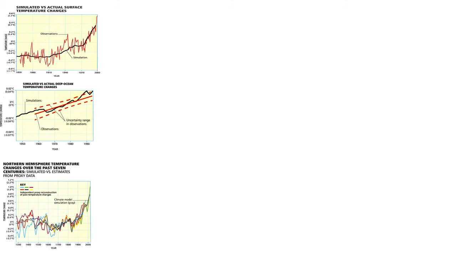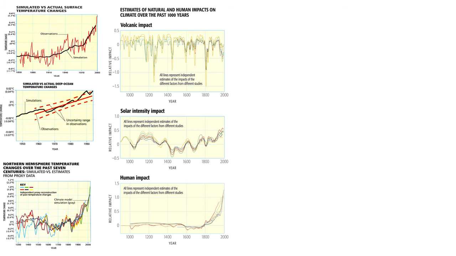Now the bottom left one is a proxy reconstruction of the northern hemisphere temperature over the past millennium compared against the model simulations. You can see all of the models are very close. Here are the radiative forcing estimates.